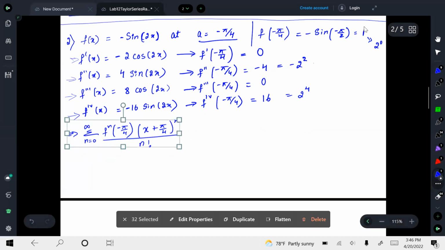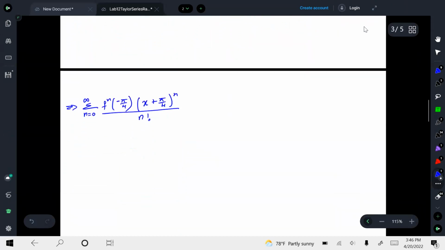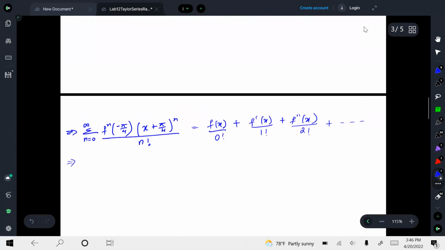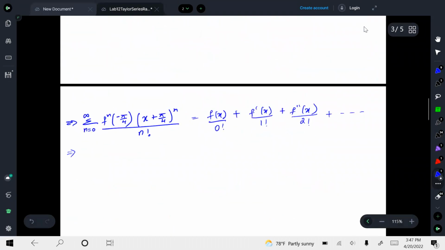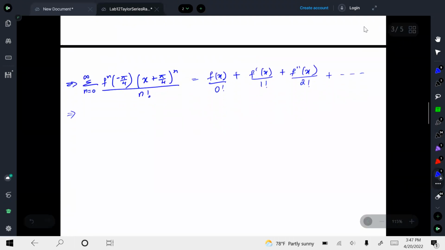Let me write this here. So this is equal to f of x plus f prime of x plus f double prime of x divided by 0 factorial, 1 factorial, 2 factorial, plus so on. Okay, so we are going to plug in all the values which we got here. So for f of x, we got 1, right?